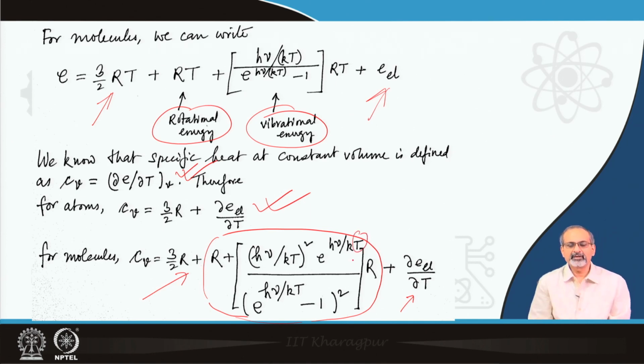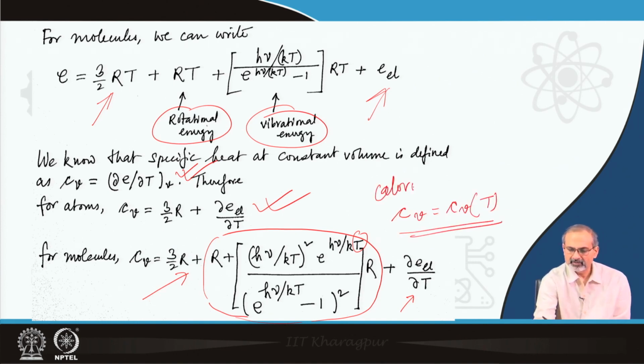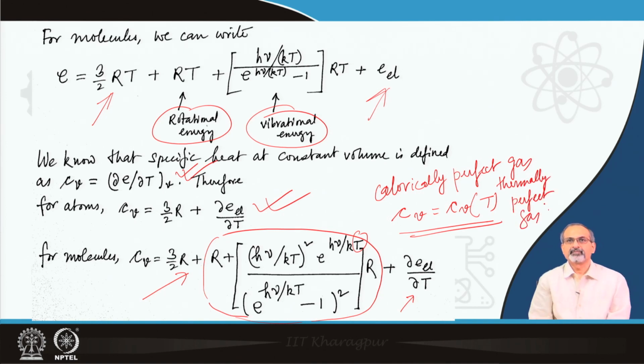That means the moment you have vibrational energy excited, the CV will become dependent on temperature, and this is when you can say that from a calorically perfect gas, we go to a thermally perfect gas. That is because of the temperature dependence here that becomes visible. So, statistical thermodynamics shows you specifically how the temperature dependence comes in.